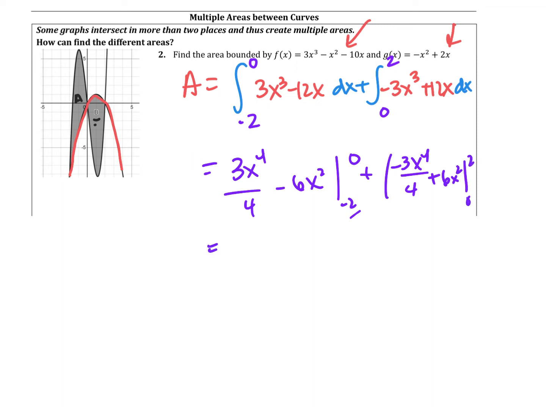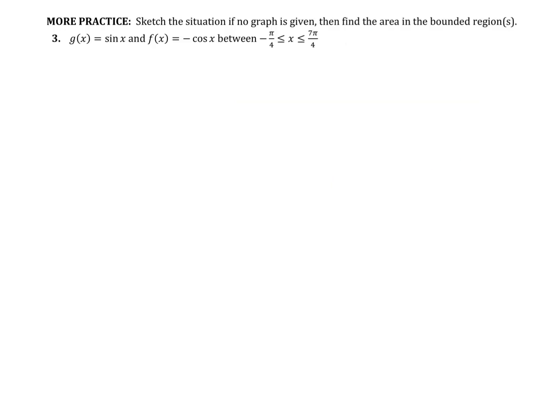And if we plug this in and simplify down, we're going to get 12, and I'm just going to write that there to save us a little bit of time so that we can spend some time on some more examples. Okay, let's look at some more examples.